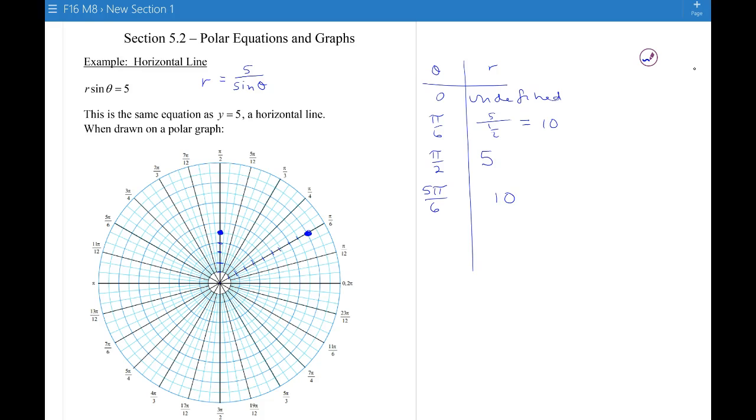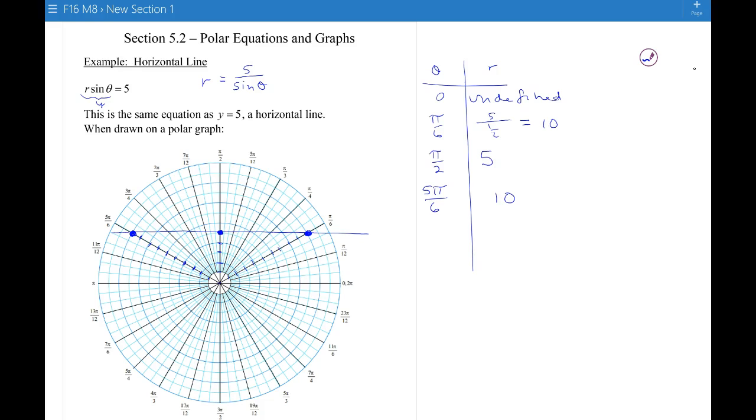So at 5 pi over 6, I'll be 10 away. And then if you fill in some additional points and do the decimal approximation and plot them, you'll see that this is the straight line y equals 5 because r sine theta is y. So this is the equation for a horizontal line.